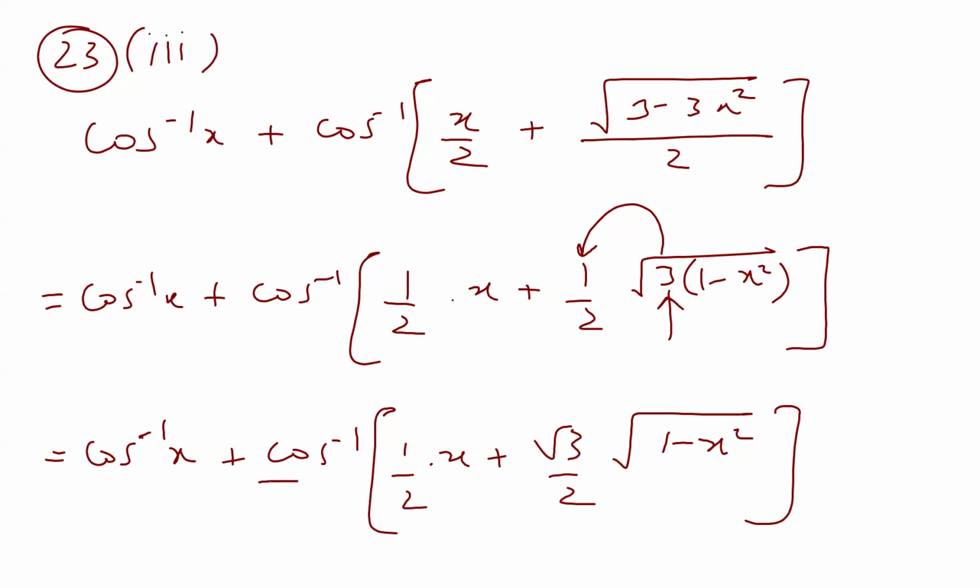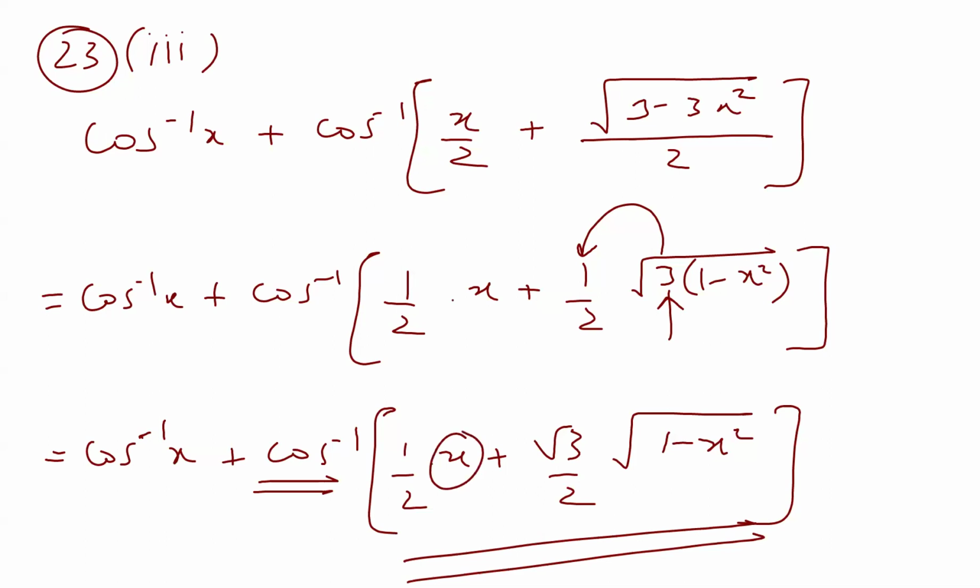Now see, outside there is cos inverse. So somehow I will make this entire term as cos. Now what I will do is, I will put this x as cos theta.